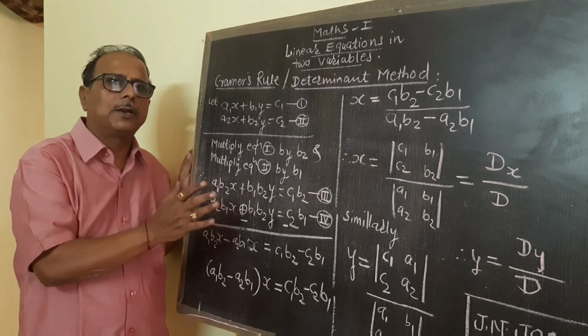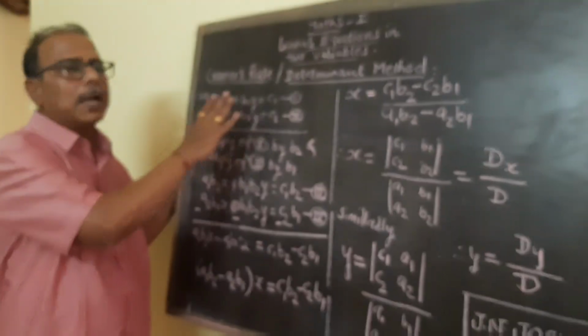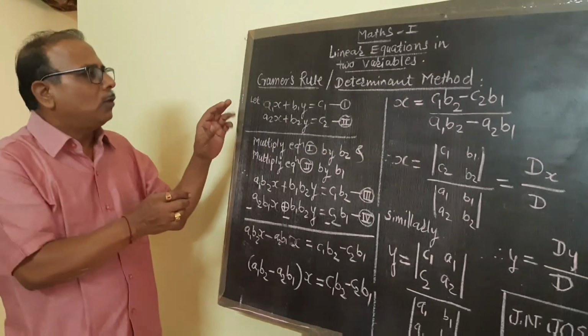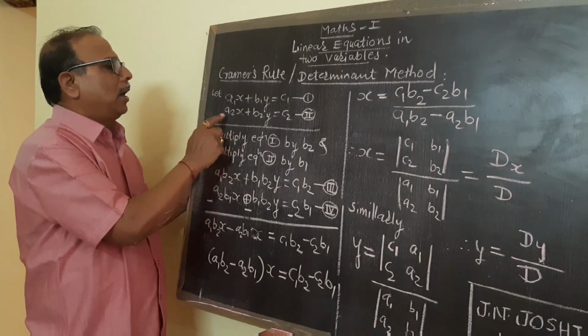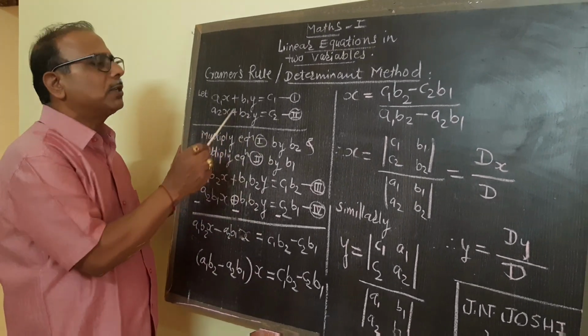Therefore, in his honor, the method is named Cramer's rule. So what is Cramer's rule? Suppose a1x plus b1y is equal to c1 and a2x plus b2y is equal to c2. These two equations are given.